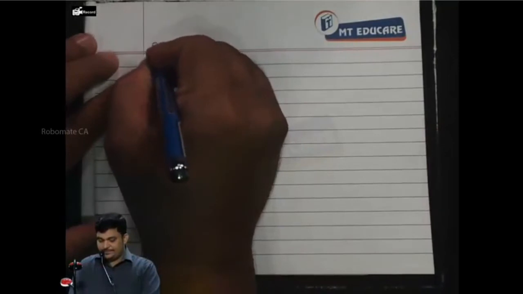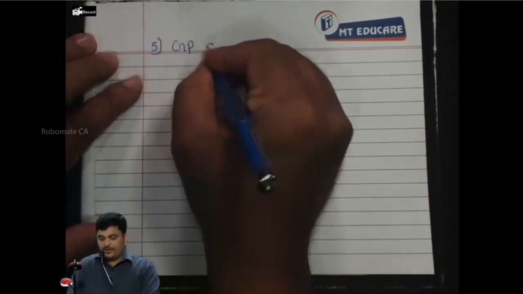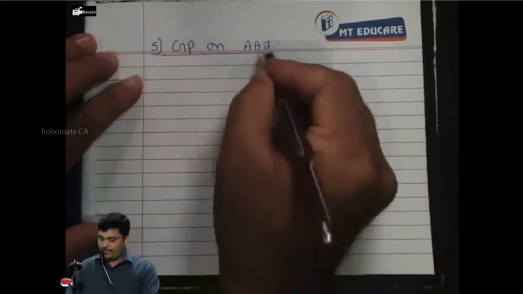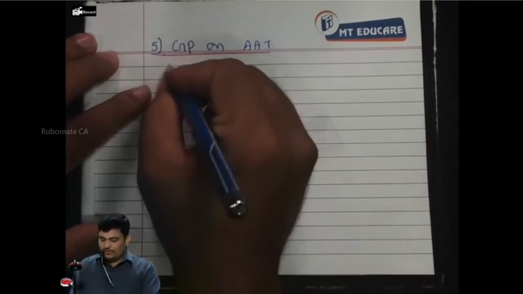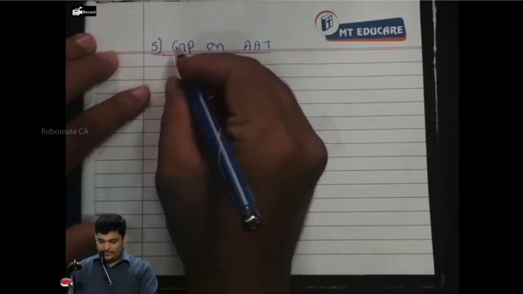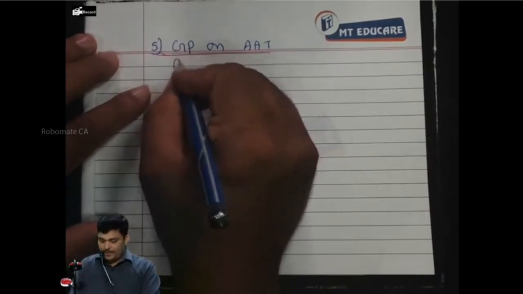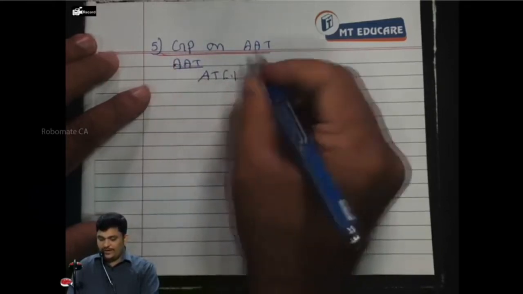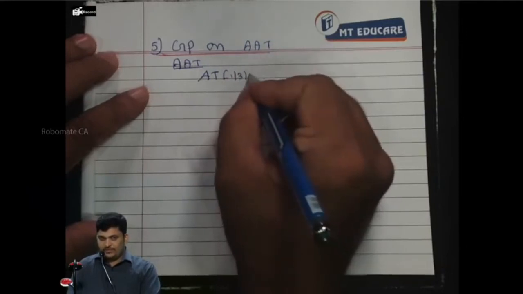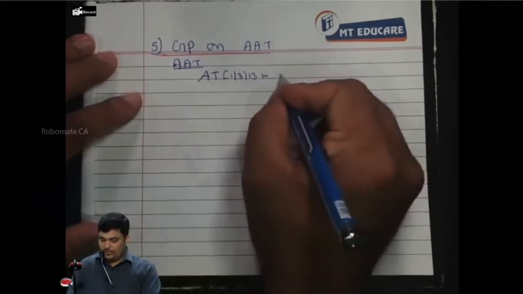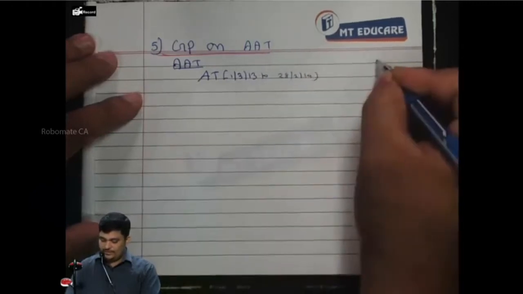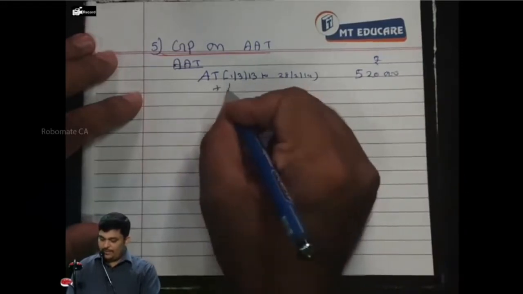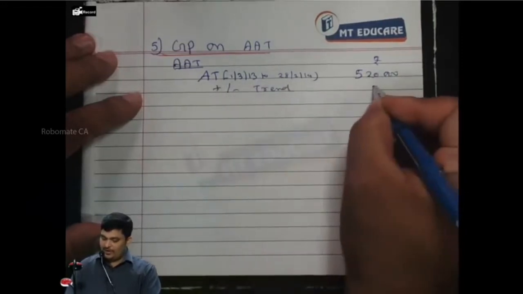Step number 5: GP on AAT. First, we will work on adjusted annual turnover. Everybody? The adjusted annual turnover for the annual turnover, that is from 1/3/2013 to 20/2/2014, is 5,20,000, plus or minus nothing there.